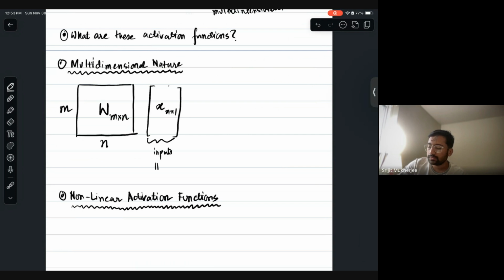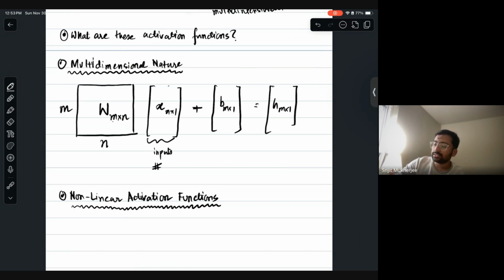And there is a B. This B is again m cross 1, because when you multiply m cross n times n cross 1, it turns out to be m cross 1. So this is also m cross 1, so the sum will again be m cross 1, h.